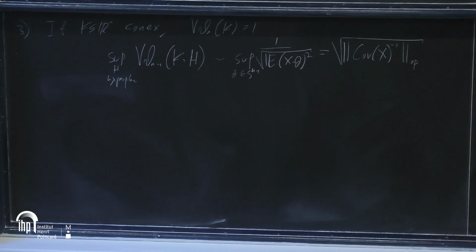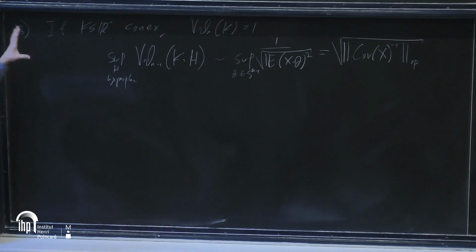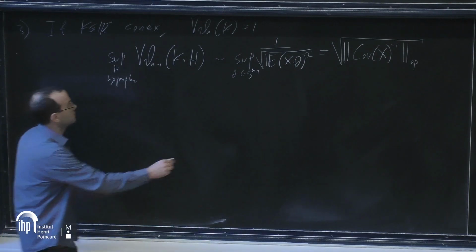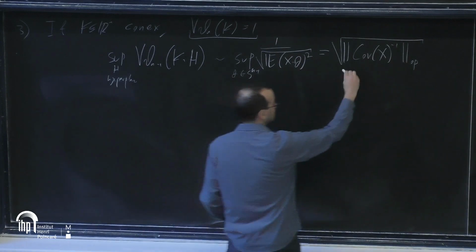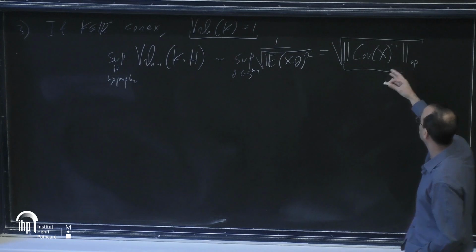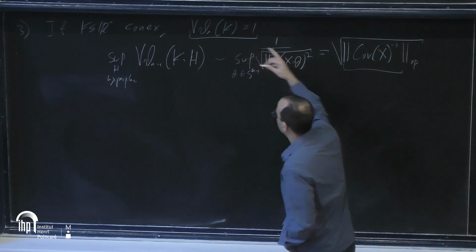So in some sense, this brings us to the question that when you study the slicing problem, you may forget about hyperplane sections and just look at the relation between volume and covariance. So the question is basically what control over the operator norm of the inverse covariance matrix you can get under the assumption that the volume of K is 1.